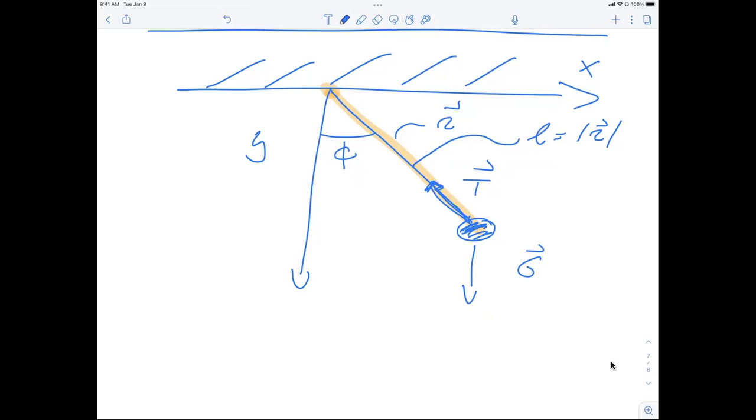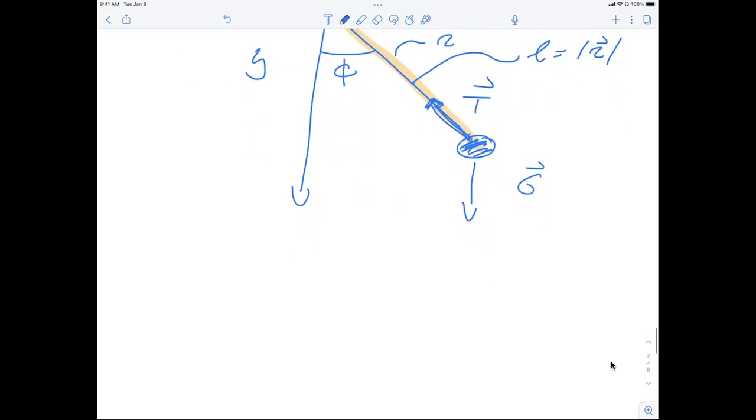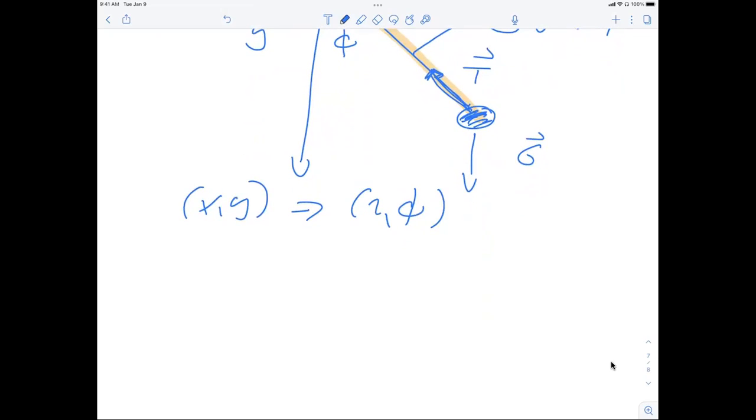Now, if you look at this object here, we want to impose a constraint. We are going to go from Cartesian coordinates to polar coordinates, which is more convenient for this specific case. So we are going to go from x and y to r and phi, as we did in the two-body problem.